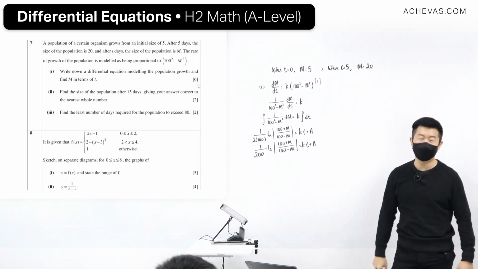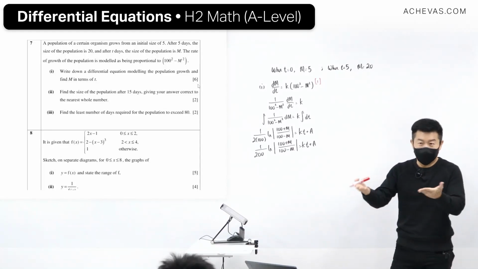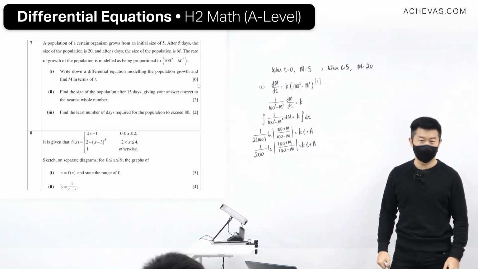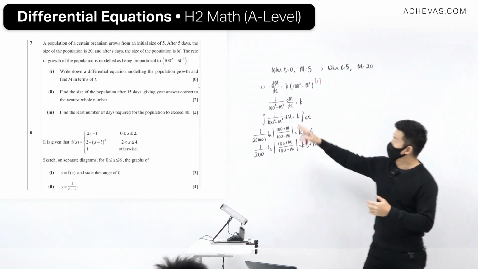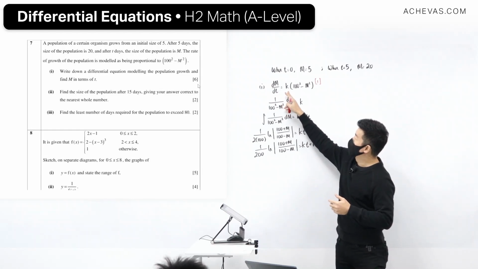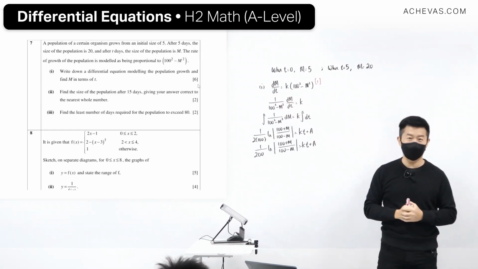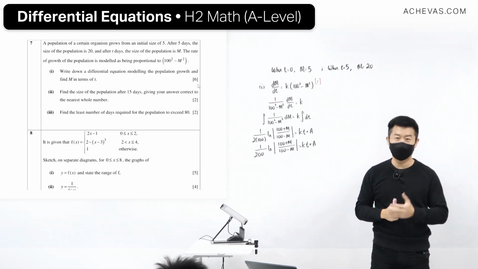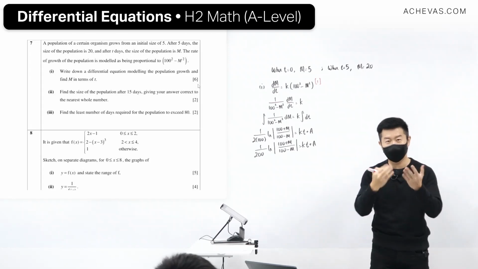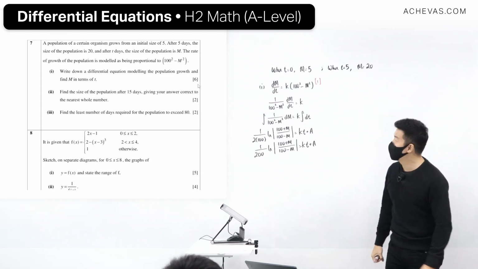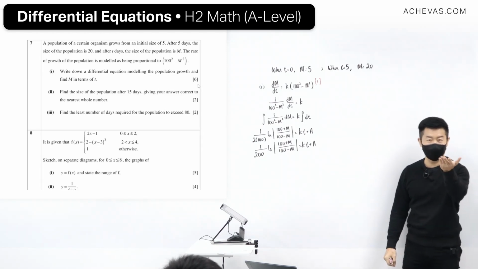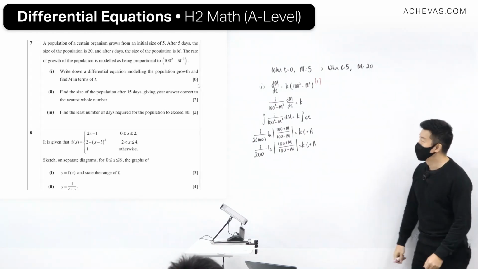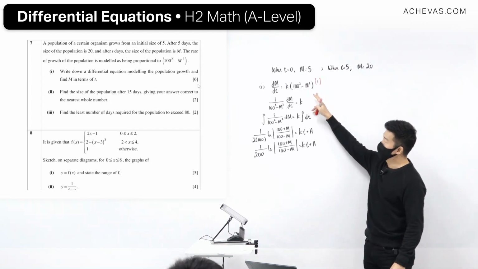But it's a very, very easy mark to get, because the question literally tells me something that is happening, right? It is proportional. The rate of growth is proportional to 100 square minus m square. Probably way easier than what SAJC said for what Caitlin has mentioned just now. So 1 mark it is here.